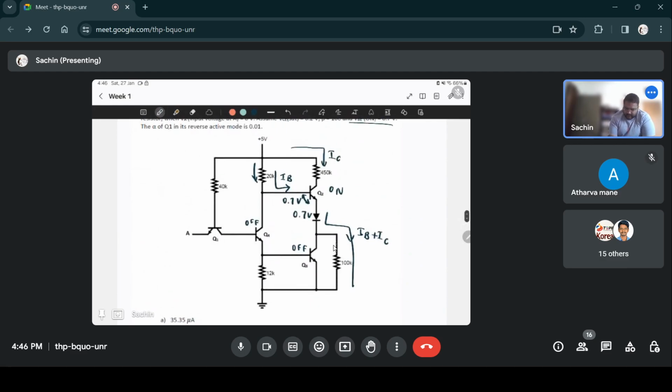So I wrote the voltage equation along this path.